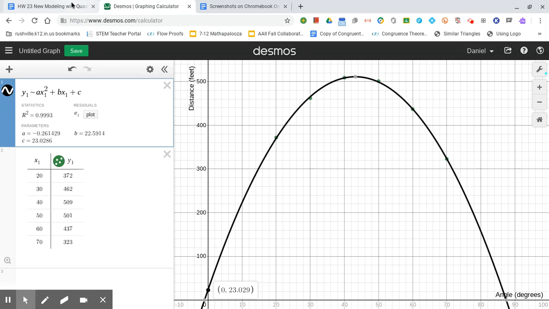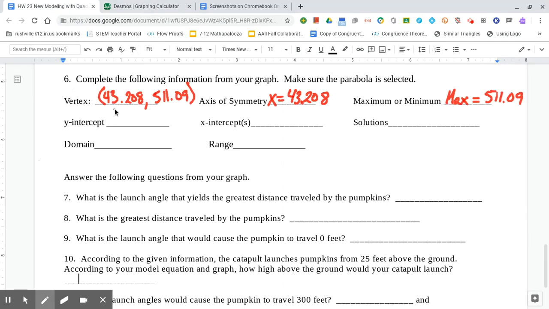Let's go record that. So 0, 23.029. And you might notice that was our c value from before, which is always going to happen for us.